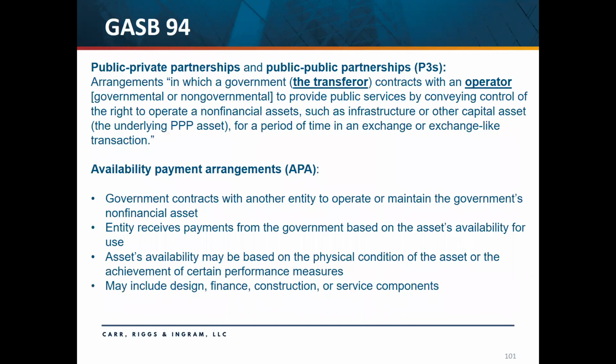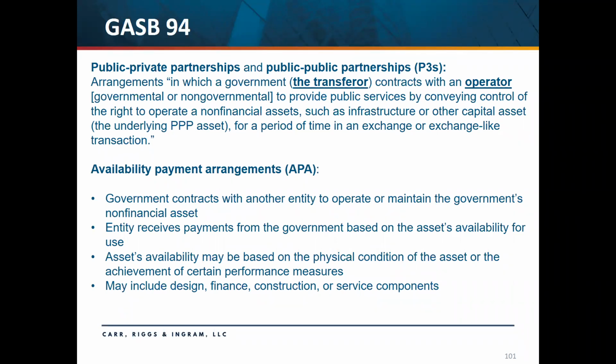So there's a lot of information when you're talking about GASB 94. So I'd like to go through just some basic definitions first, so we're talking the same language as we're going through this. So P3s are public-to-public partnerships or public-to-private partnerships. So if you have a government who's going to be the transferor, with either another government or a private company who's going to be the operator.